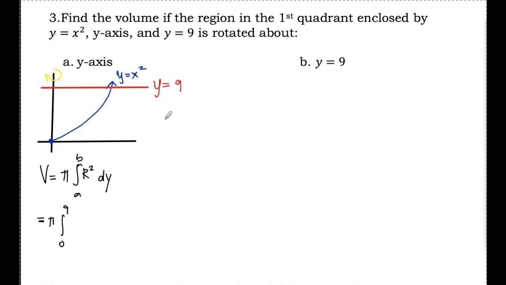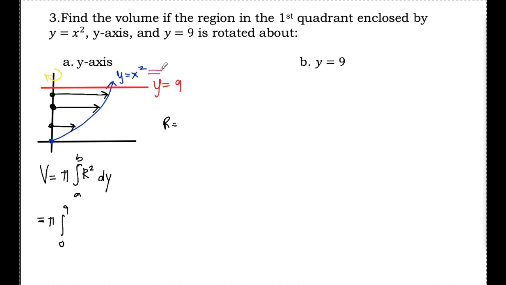When I figure out r, again, r is always the distance from the y-axis to the curve y equals x squared. Any radii that I draw in from the y-axis to the farthest side of the curve are always going to be this distance from the y-axis to y equals x squared.